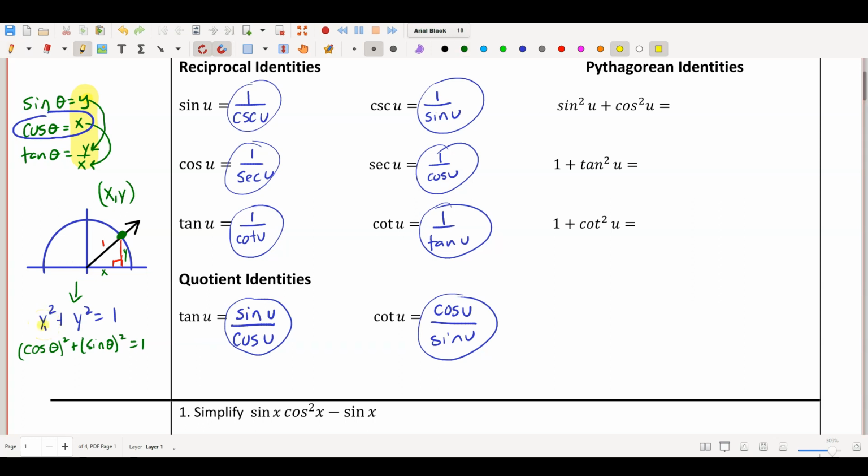You can see that I'm just making a substitution here. For the x, I'm putting in cosine, and for the y, I'm putting in sine. That's it. So that statement, cosine theta squared plus sine theta squared is equal to 1, should make perfect sense. And that's actually one of these identities, these Pythagorean identities.